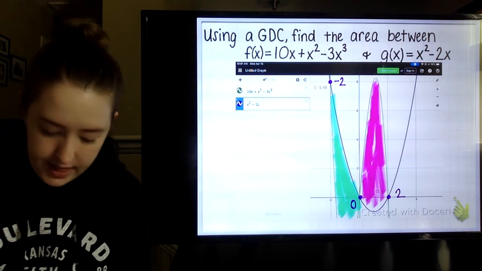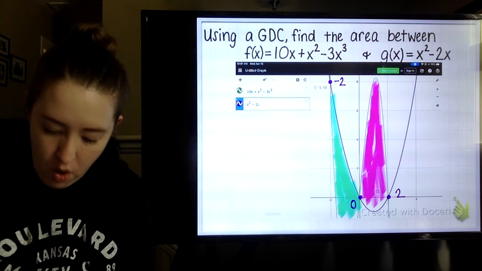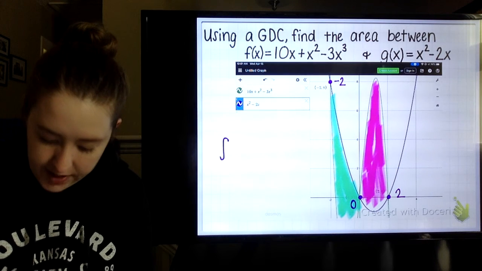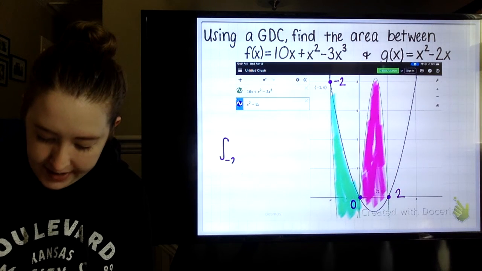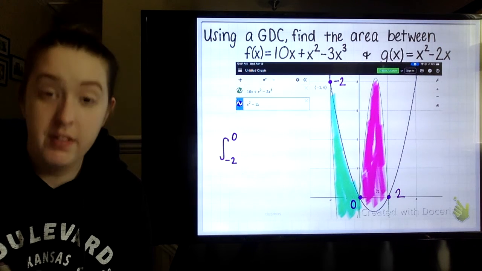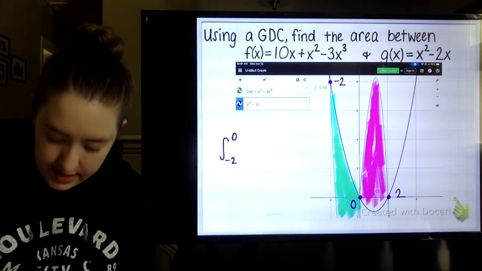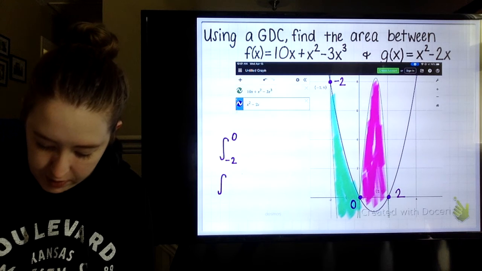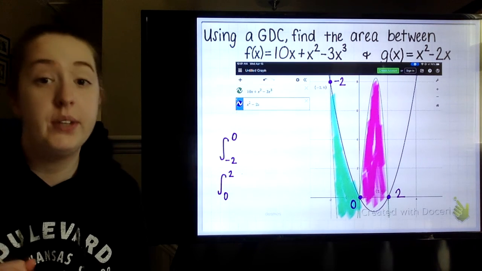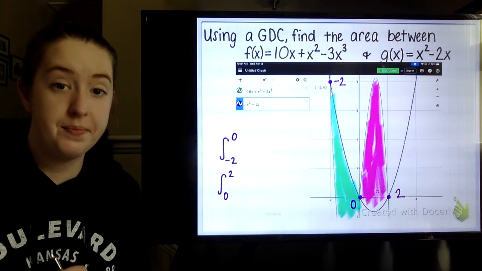So when I write these integrals, one of them is going to be from -2 to 0, and the next integral will go from 0 to 2. So I need two separate integrals.